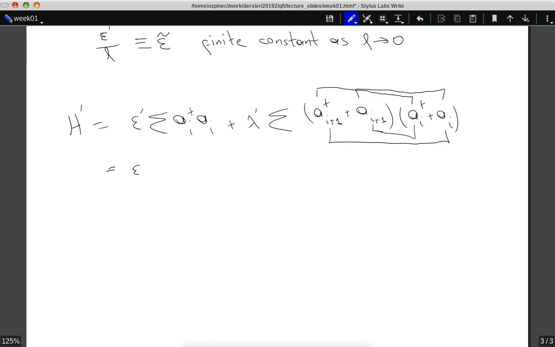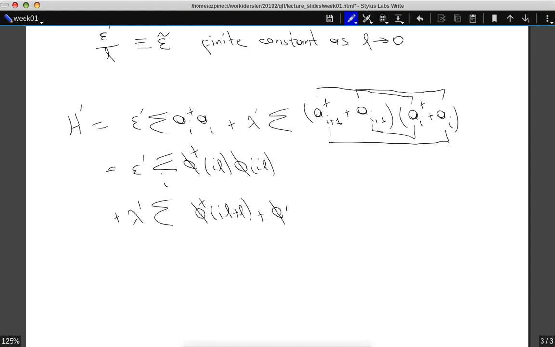Well, this will be equal to epsilon prime, still summed over i, phi dagger at the point iL, phi at the point iL, plus lambda prime, phi dagger at the point iL plus L, plus phi at the point iL, multiplied with phi dagger at the point iL plus phi at the point iL.